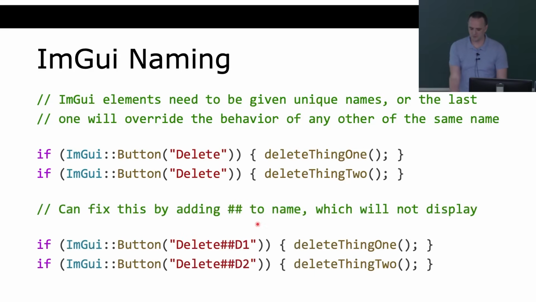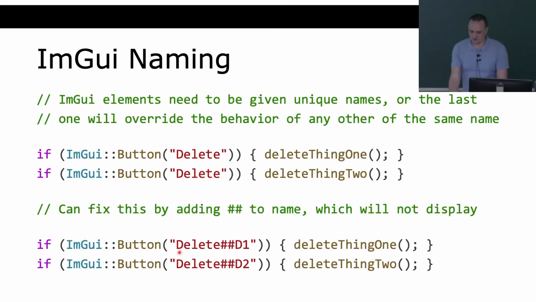But you can. If you add 2 pound signs or 2 number signs and then some other string, the internal string that ImGui uses to represent the data structure will change, so they'll have unique behaviors again, which is what you want. But anything after the 2 pound signs is ignored on the display, right?